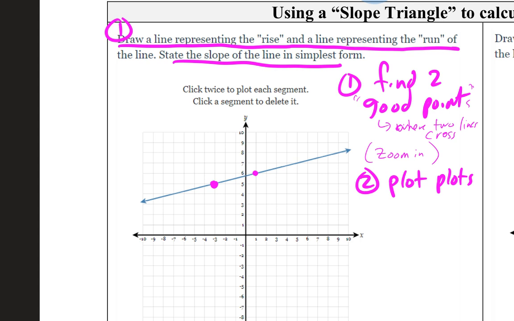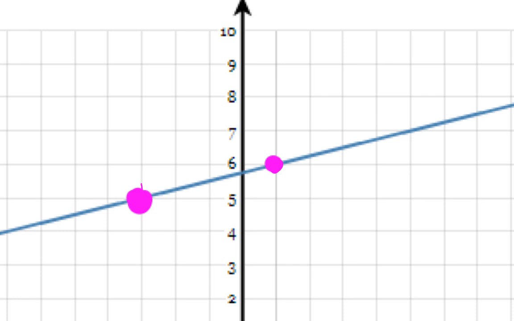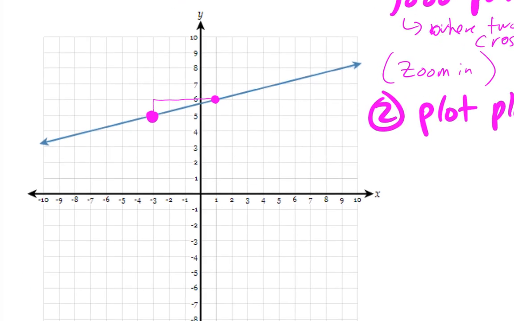After we do that, it will allow us to draw a slope triangle. We're going to draw a little triangle just like that. So the third step is draw the slope triangle.